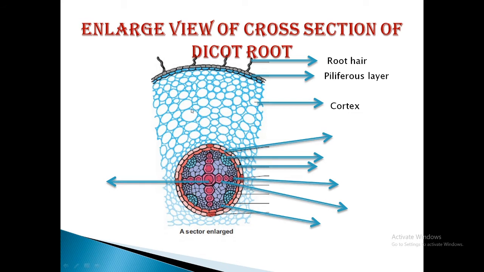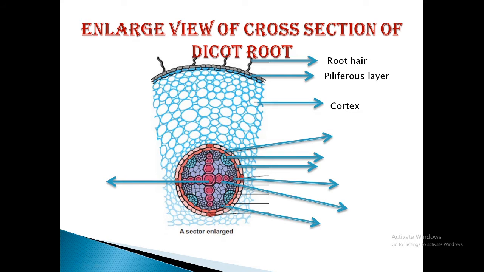These parenchymatous cells of the cortex contain abundant starch grains. In water plants, the intercellular spaces are large and form distinct air spaces.